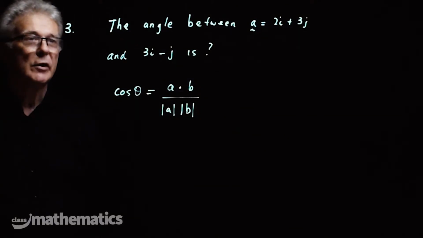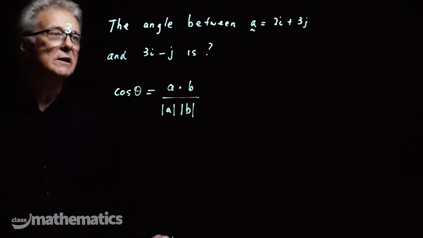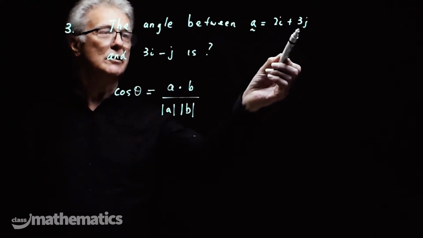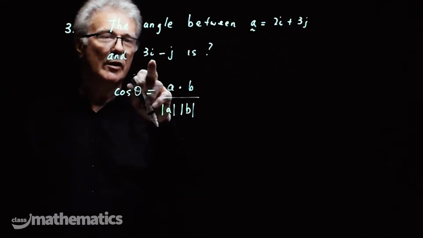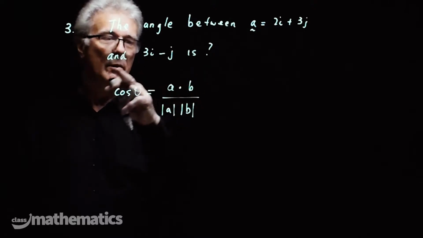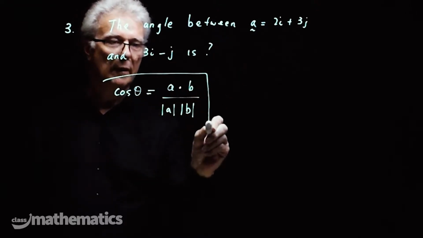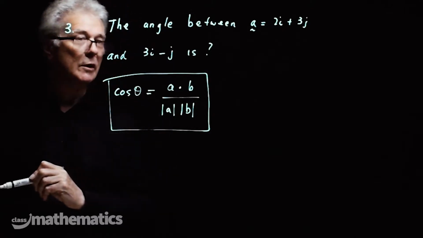Scalar products number 3. The angle between this vector 2i plus 3j and this vector 3i minus j is, now what we do is use this formula to work out the angle between two lines.